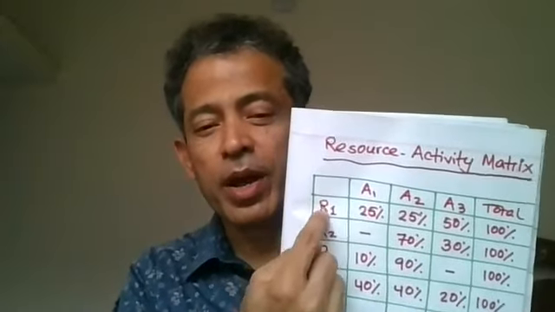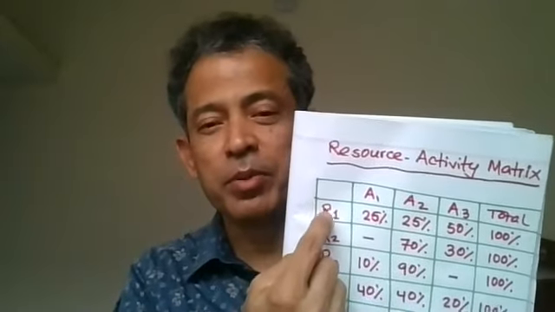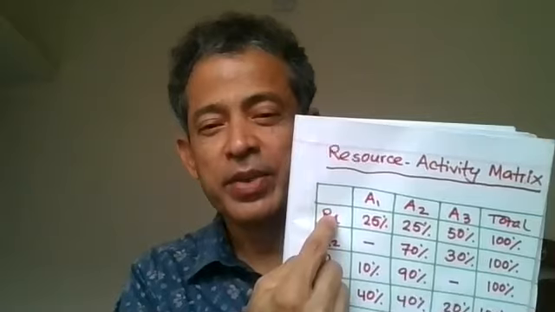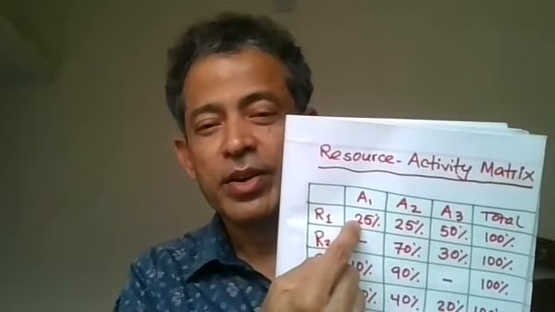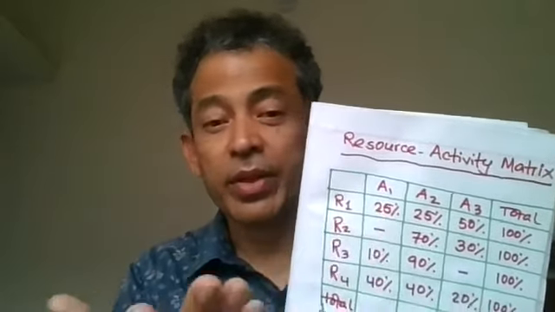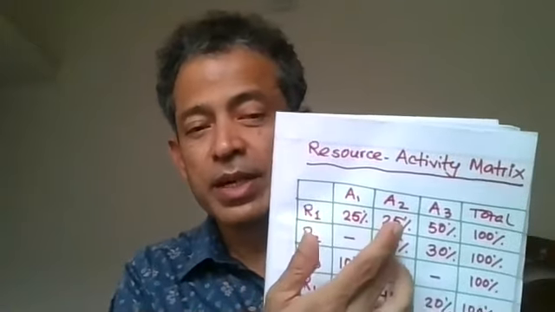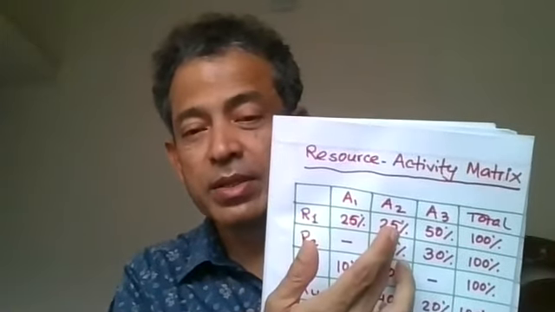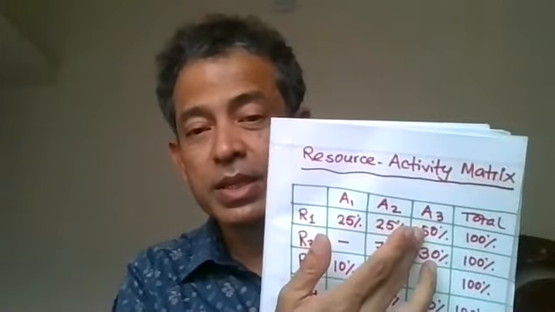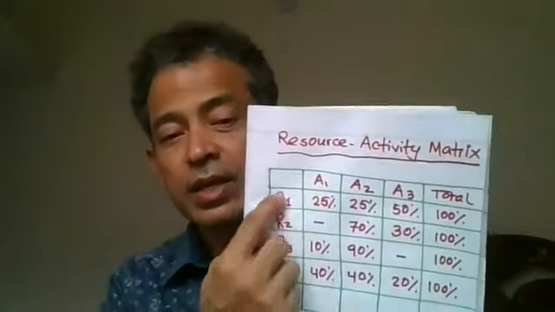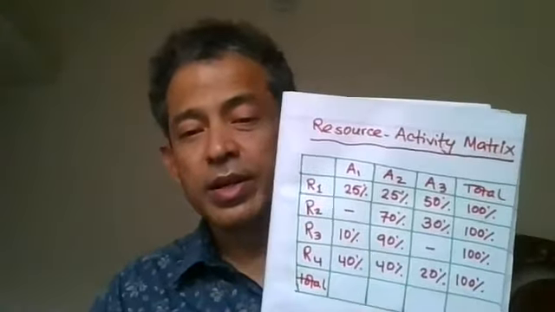How much of the branch manager's time is spent on account opening? Probably nothing. So it will be 0%, or maybe 1% or 2%. But then there are some performance evaluation meetings, or loan decisions, or approvals, that require a lot of managerial time.